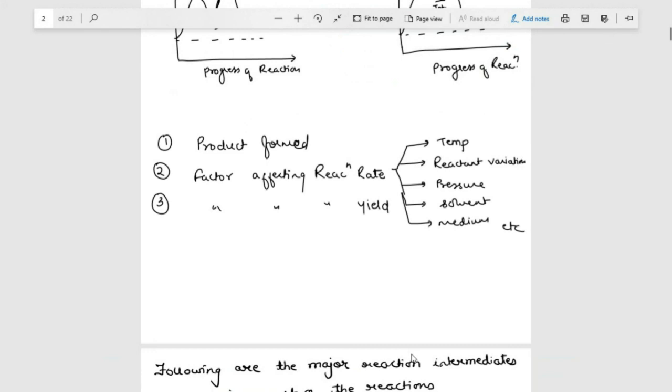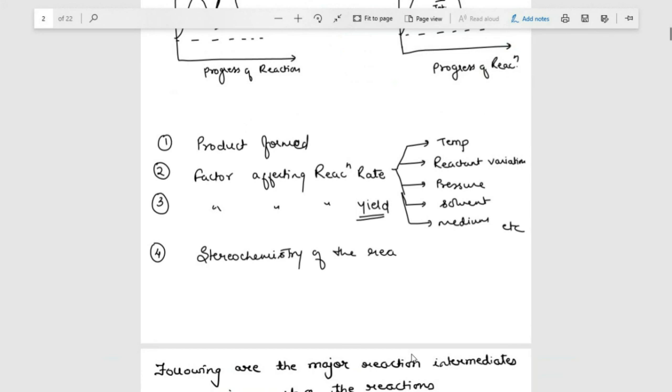Based on several observations, we conclude what is the probable intermediate involved in this reaction. Similarly, we study the effect of all these on the yield of the reaction. Then we also study the stereochemistry of the reaction.